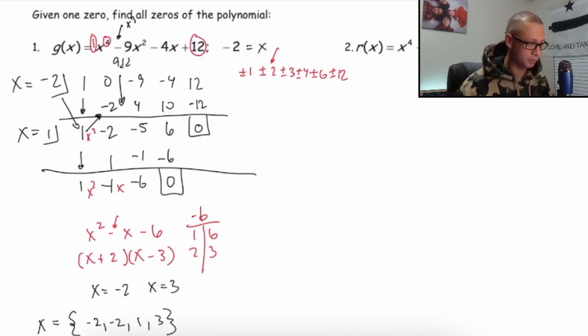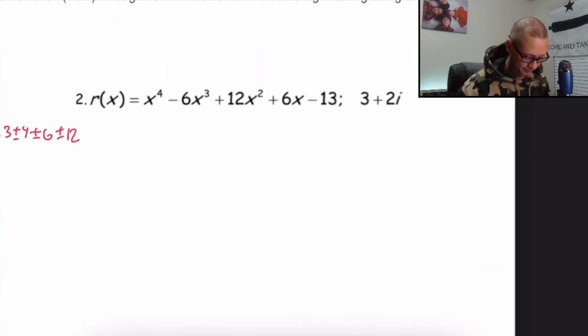It's probably how you'll typically see it. But right, take note, because it was a fourth degree, there are 4 zeros. That's what the fundamental theorem of algebra says, that it will have 4 zeros, right? Whatever that degree is. In this case, they were real, so it may not always be that way.